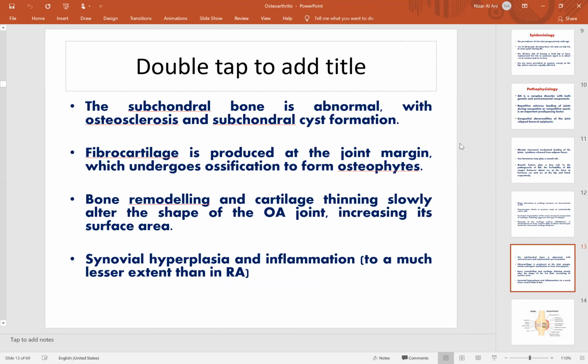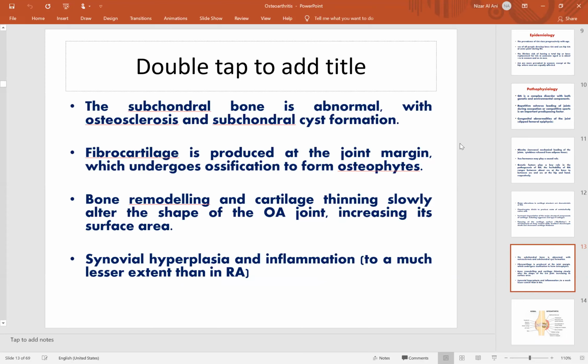The subchondral bone is also affected, not only the cartilage. The bone will be abnormal with osteosclerosis, increased deposition of calcium at the ends of the bone near joints with subchondral cyst formation. The fibrocartilage is produced at the joint margin, which undergoes ossification and forms osteophytes, which is new bone formation.